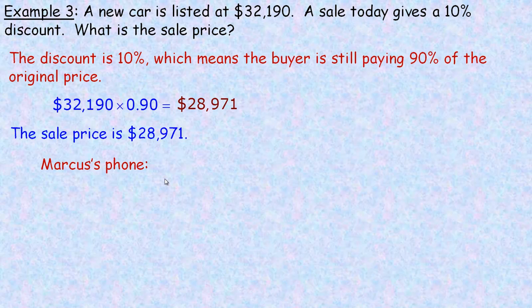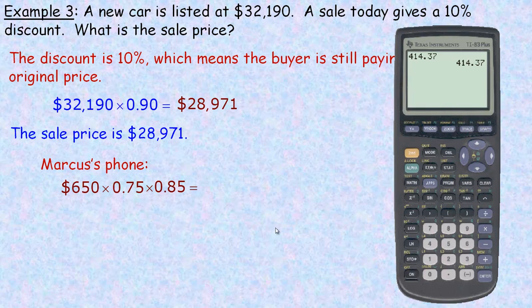What we could do instead is we could take the 650 and see if Marcus is getting 25% off, then he's still paying 75%. And then after that, he's getting another 15% off. Now 15% off means you're still paying 85%.